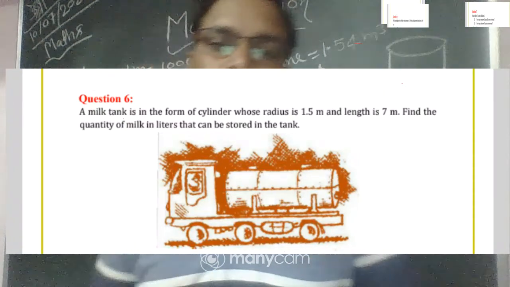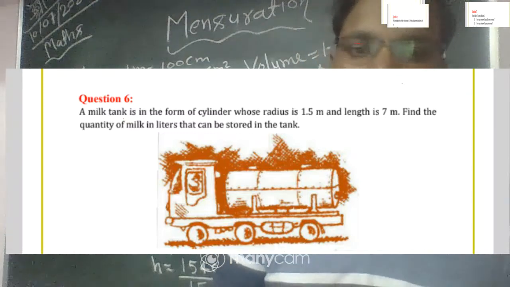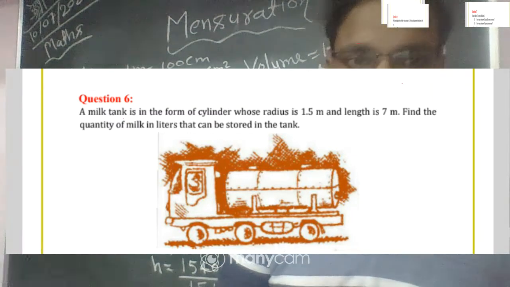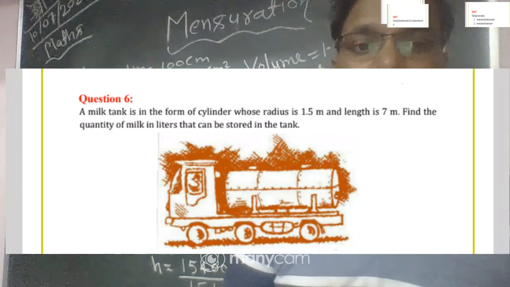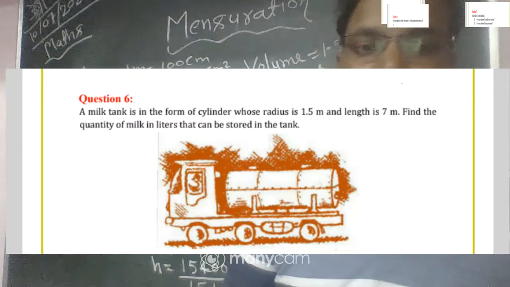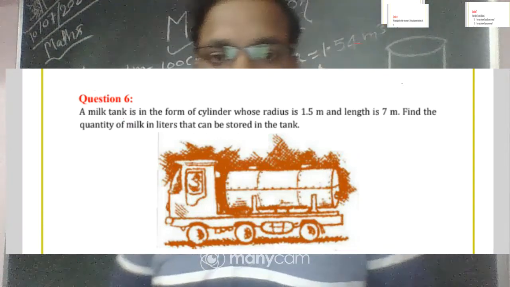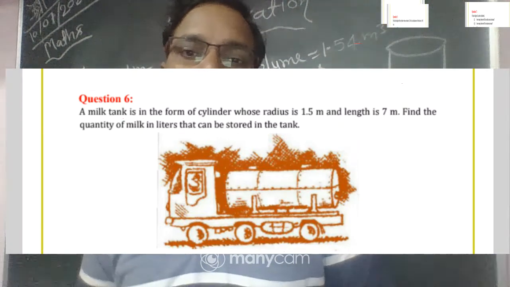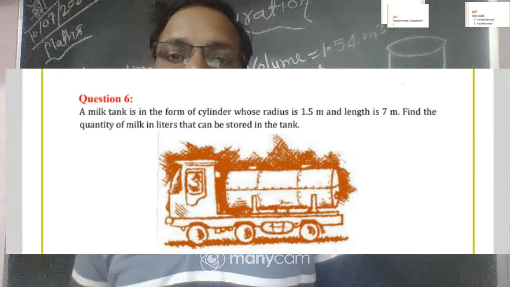You can say length is height of cylinder. Okay. Figure of cylinder you can see. Find the quantity of milk in liters that can be stored in the tank. So here, student, radius is given 1.5 meters and the length, means height, is also given, 7 meters.